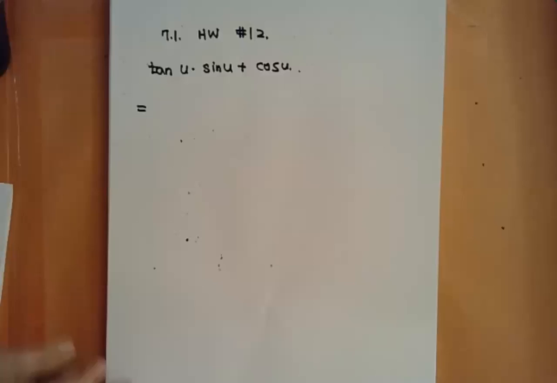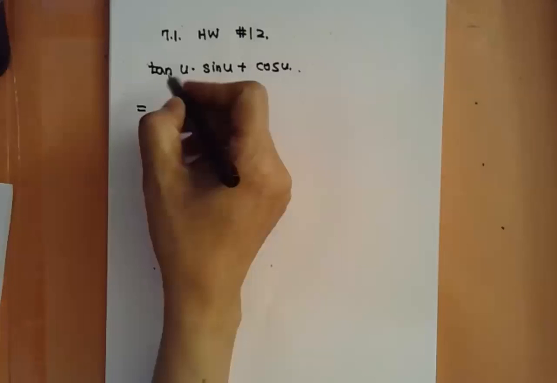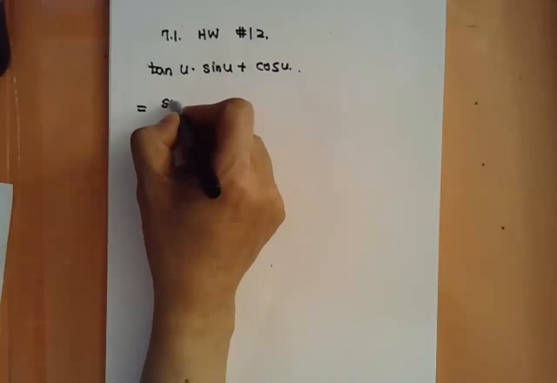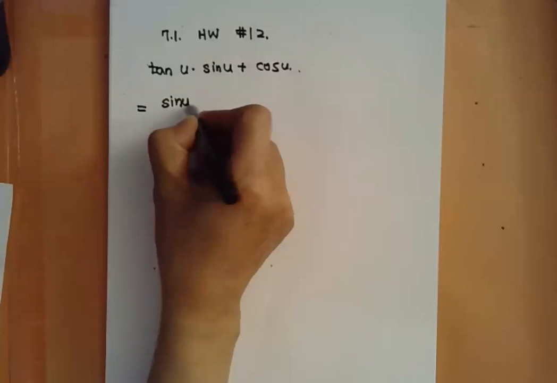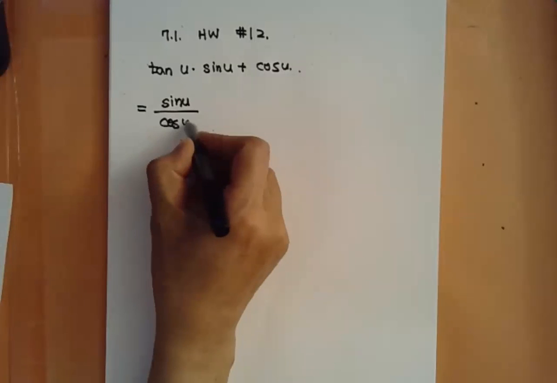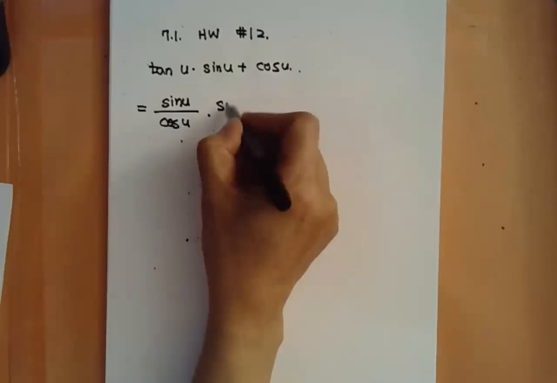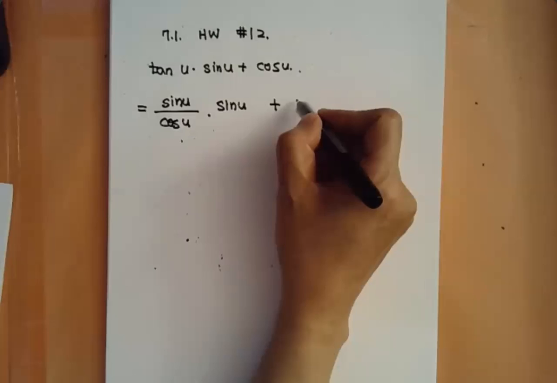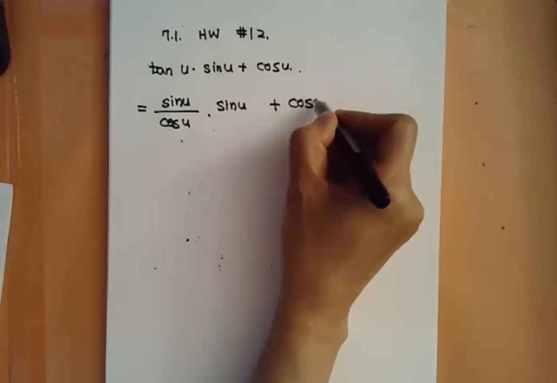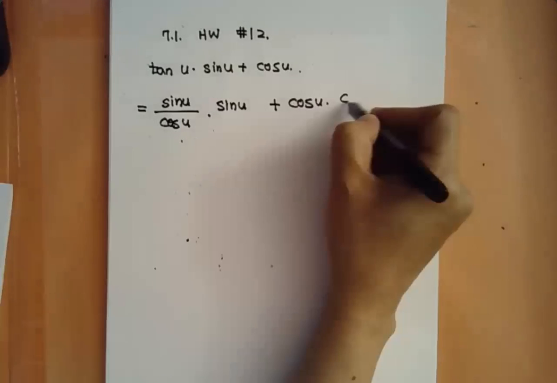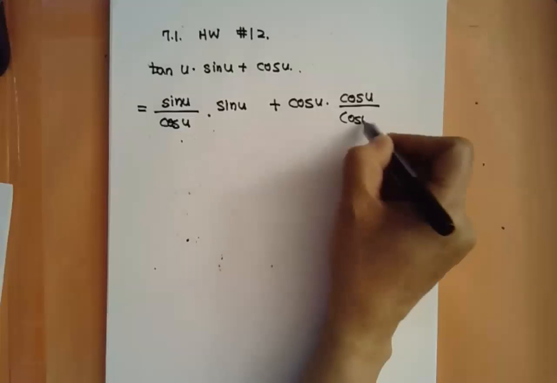So we will convert everything to sine and cosine related terms. So tangent of u can be written as sine over cosine of u times sine of u plus cosine of u, but the common denominator will be cosine, so I will multiply by cosine of u over cosine of u.